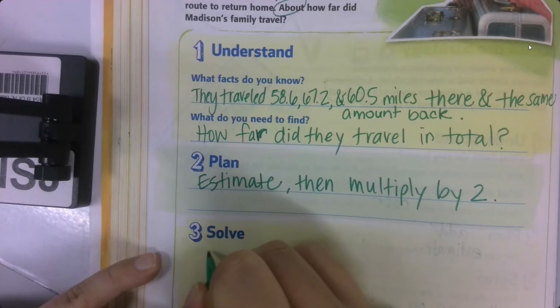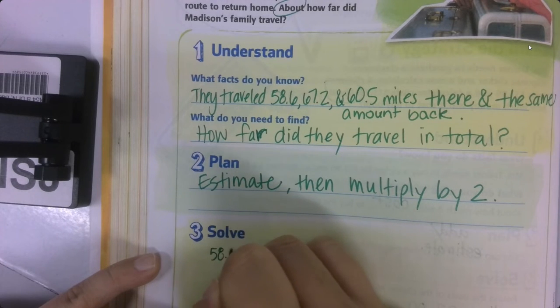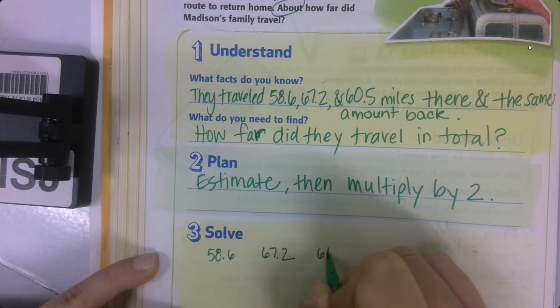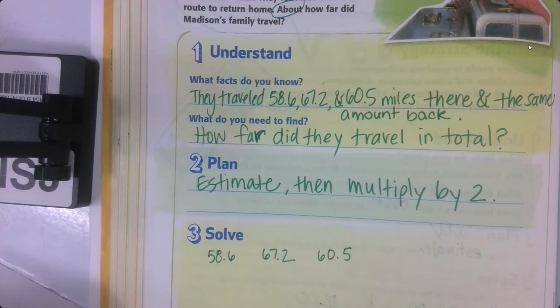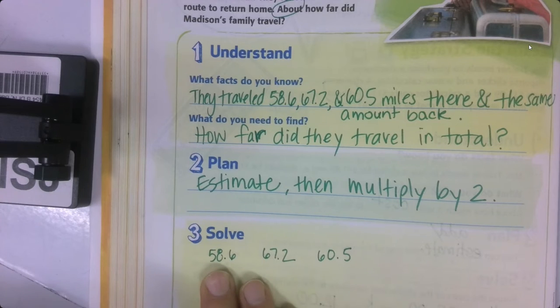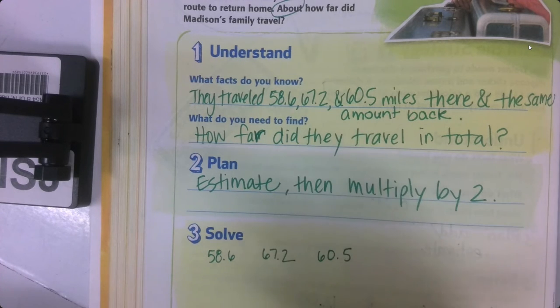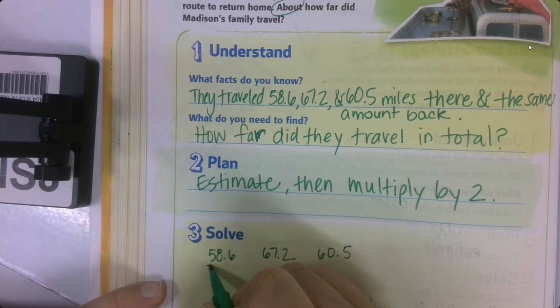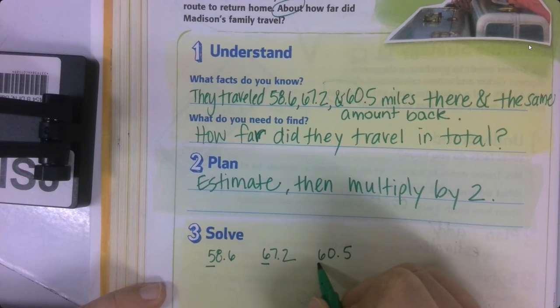So we'll take our 58 and 6/10, 67 and 2/10, 60 and 5/10. And we'll just have to decide, do you want to round to the nearest mile, which would be the ones place, or the nearest 10 miles, which would be the tens place. Let's round to the tens place.